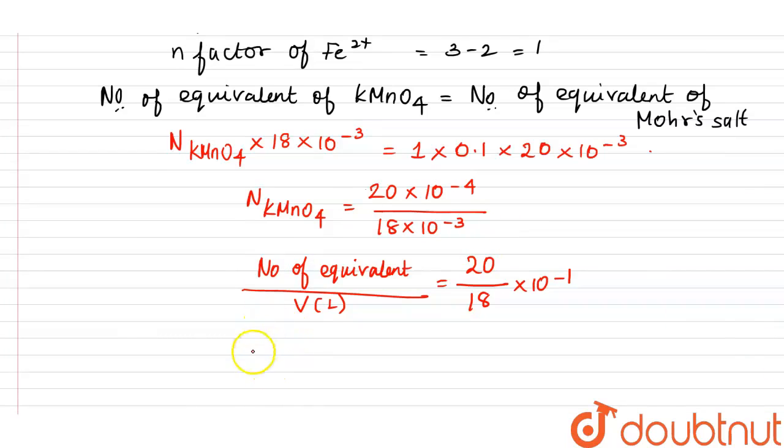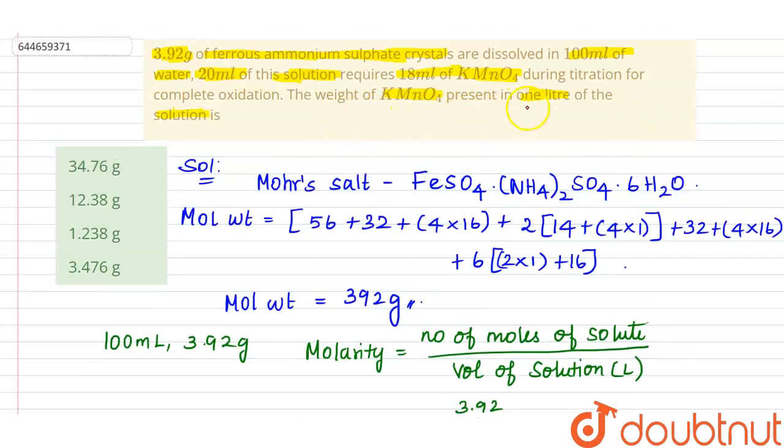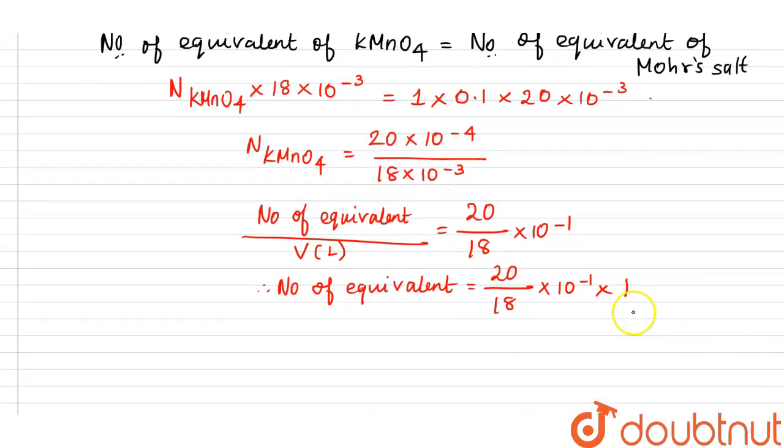Therefore the number of equivalents is equal to 20 divided by 18 into 10 power minus 1, into 1 liter, because in the question it asks for the weight of KMnO4 present in 1 liter of solution, so we take that as 1. Now the number of equivalents is nothing but the mass divided by molecular weight divided by N factor.